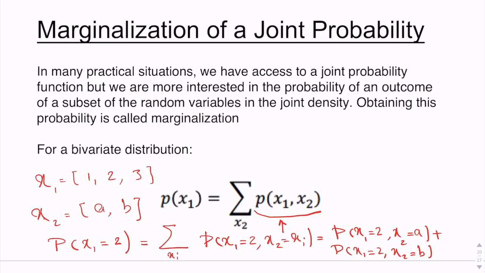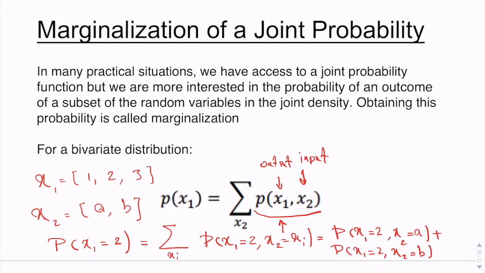We actually do this process a lot in order to do inference. For instance, let's assume x1 is our input to the model and x2 is the output, and you want to compute the probability for the output when you have the joint distribution. So you need to marginalize over the input.